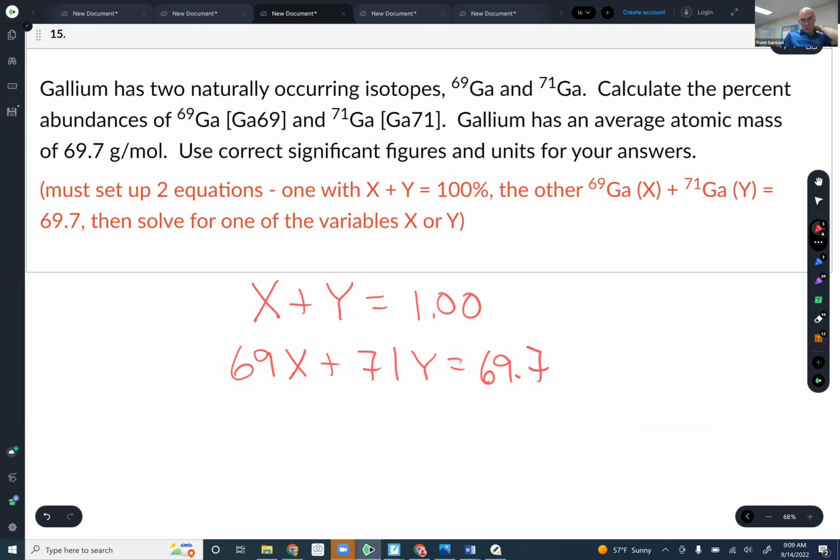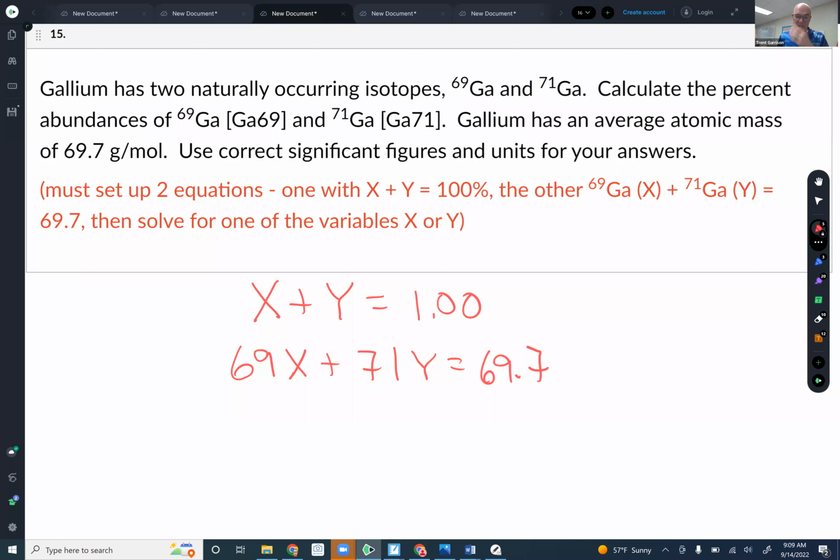So we have 2 isotopes, one that weighs 69 and one that weighs 71, and they are not in equal proportions. If they were 50-50, this answer would have been 70. It's a little more in favor of the 71, so we're trying to figure out what the percentages are.